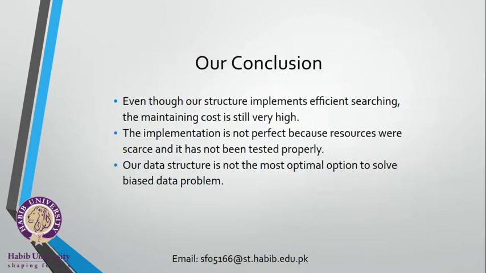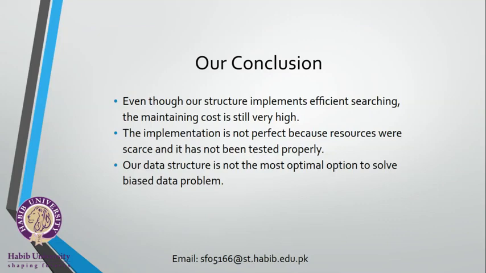So even though our data structure implements this problem in a very efficient way, and it does search better than a normal skip list, its maintenance cost is still very high. You have to increase the ranks every time a node is accessed or added.